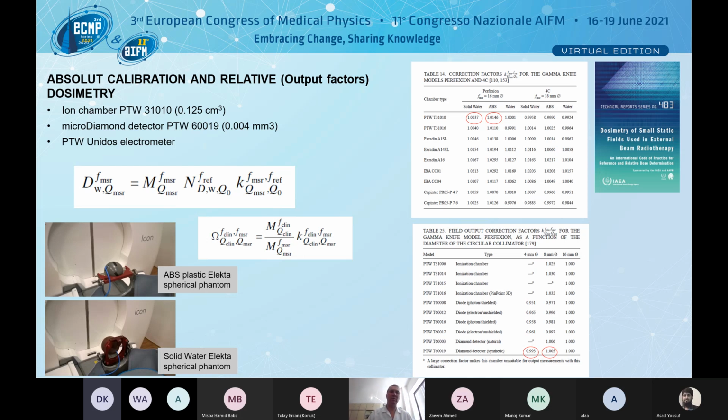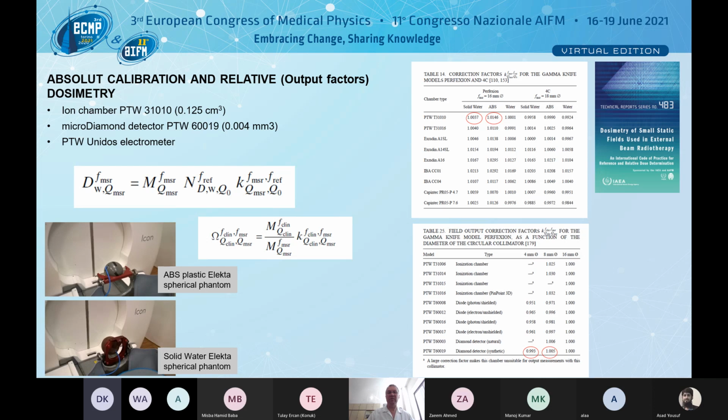You have NDW, the calibration in water at cobalt 60, so same energy, and you multiply it by the signal corrected for temperature, pressure, saturation, polarity coefficient, and then, based on this new recommendation, multiply it by this K factor.